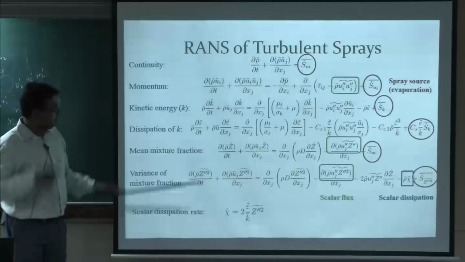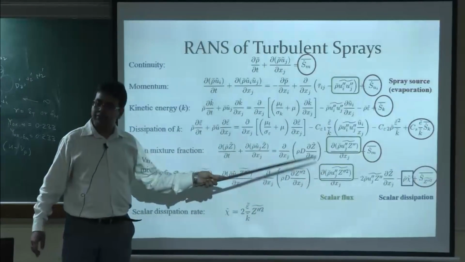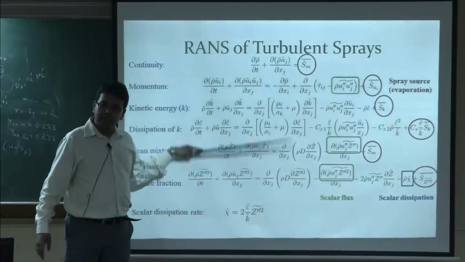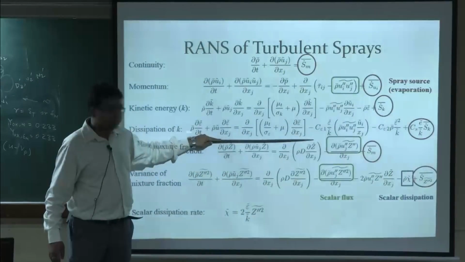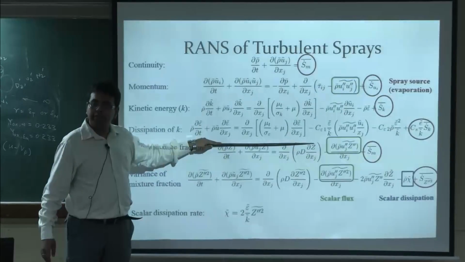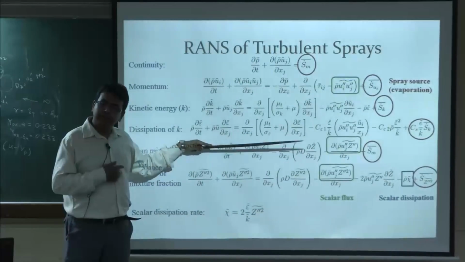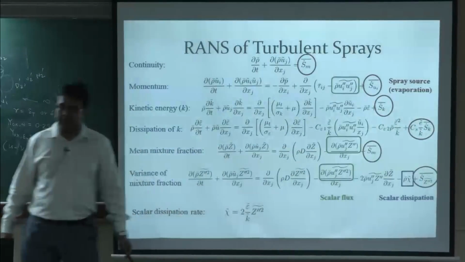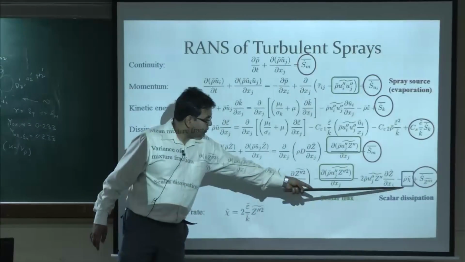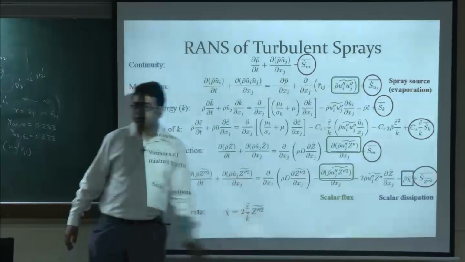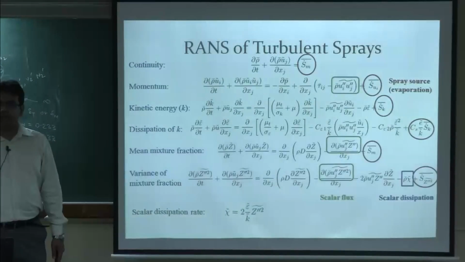So we started with the instantaneous mixture fraction equation, which did not have any source term, but if you calculate the mean by phase averaging, then you will get the mean equation, and then if you subtract the mean equation from the instantaneous equation, you will get the variance equation. Here you have a term that is the scalar dissipation, and we do not know what the scalar dissipation will be when there is an evaporating spray.